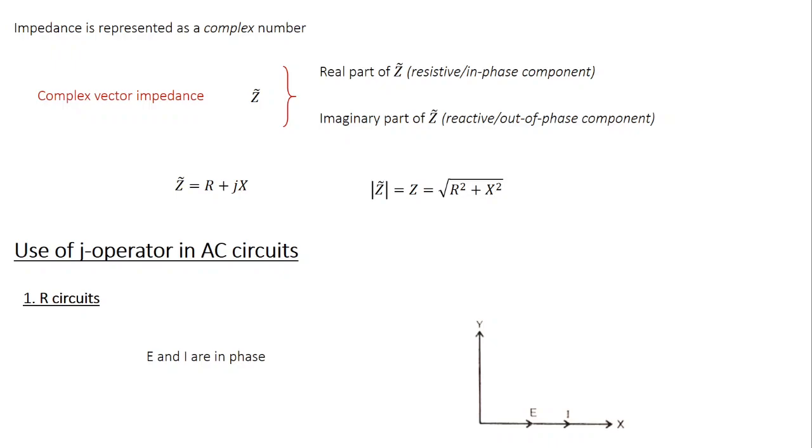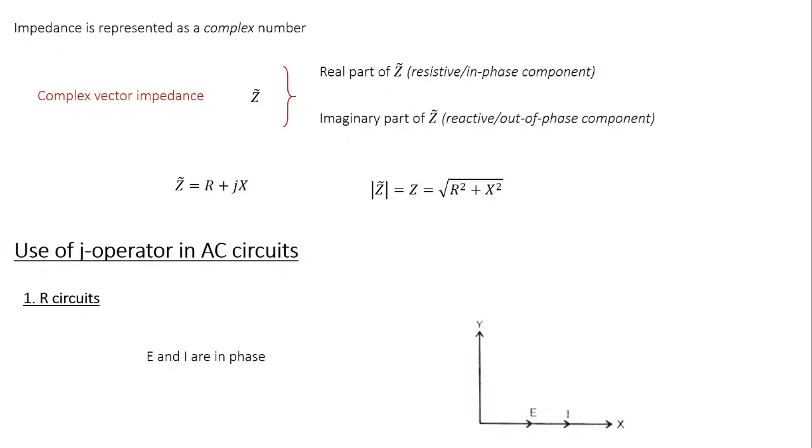The advantage of this kind of representation is that instead of mentioning resistance and reactance separately, you can now represent both of them in one single representation. So this gives you a more comprehensive way of analyzing an AC circuit.